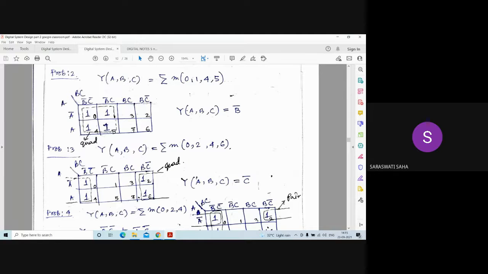So draw this Karnaugh map. Place 1 for 0, 1, 4, 5, and put 0 for the other cells.